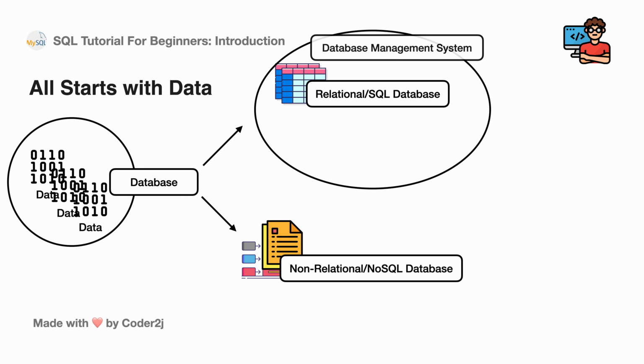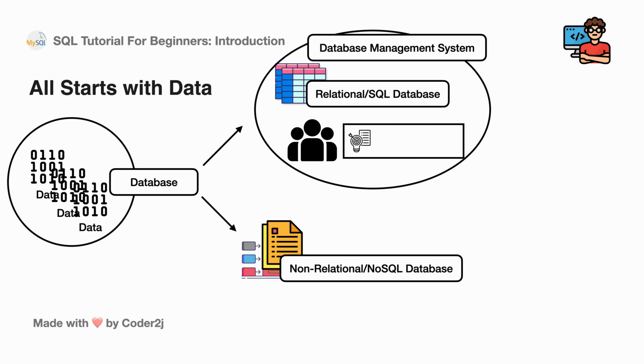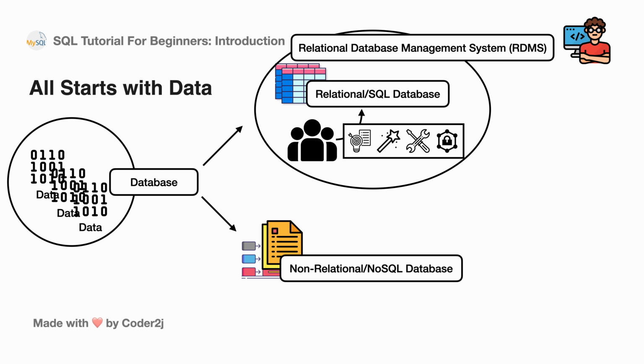The software system that enables users to define, create, maintain, and control access to the database is defined as the Database Management System, shortened as the DBMS. The Database Management System for relational or SQL databases is called Relational Database Management System, shortened as RDBMS.